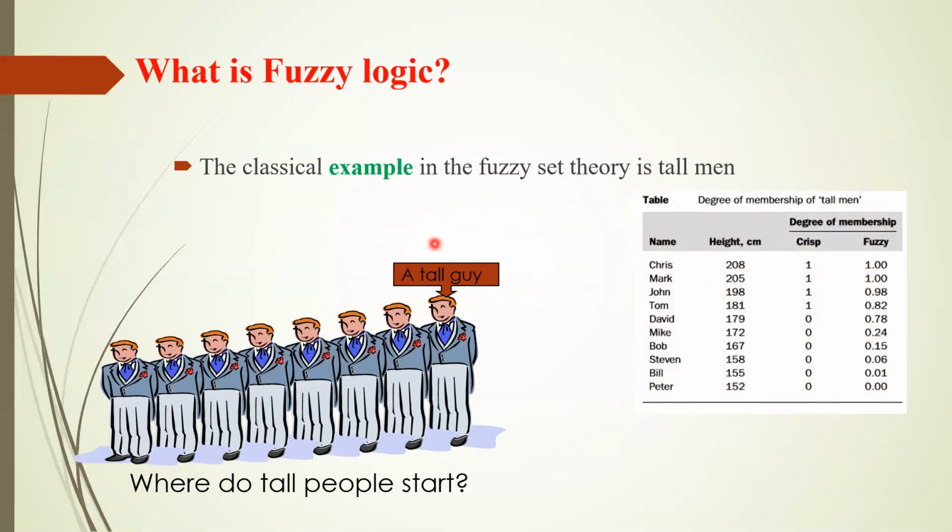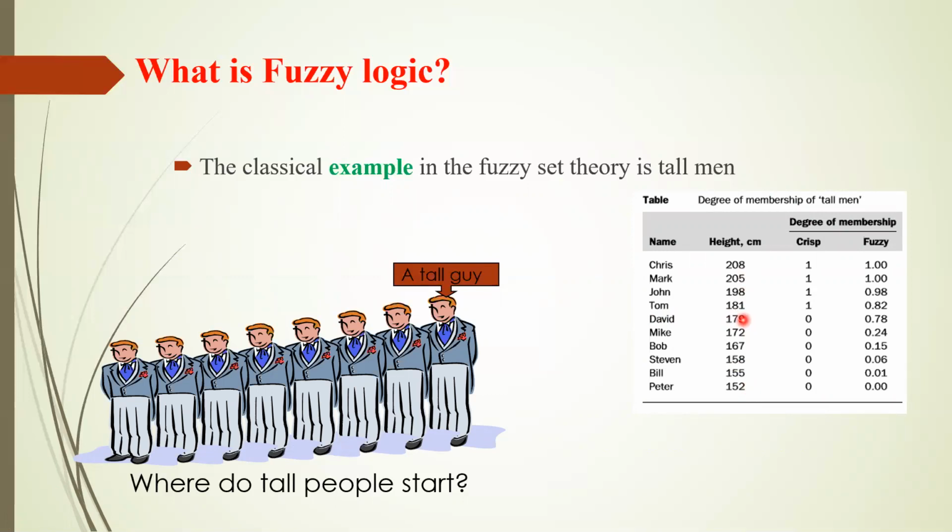We say Tom is tall because his height is 181 centimeters. Let's suppose we draw a line here and we say all the men above this height are tall and less than this are short.